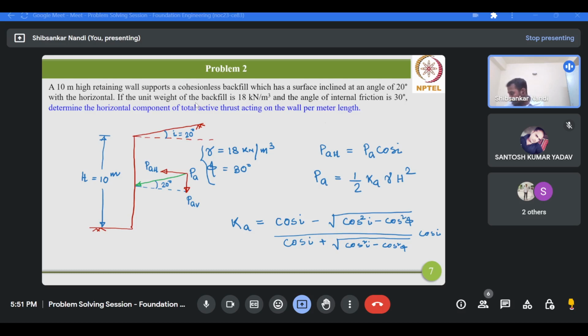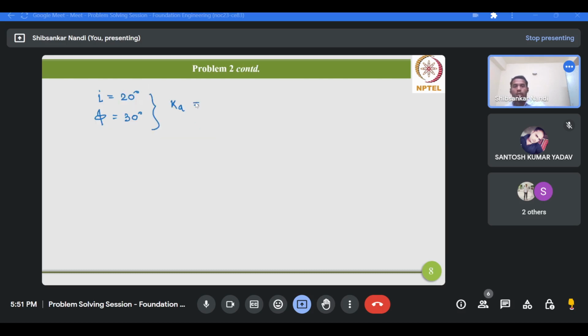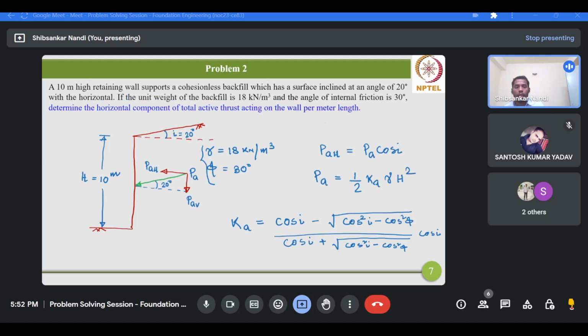I am getting some value as 0.414. So this value is approximately 0.4.